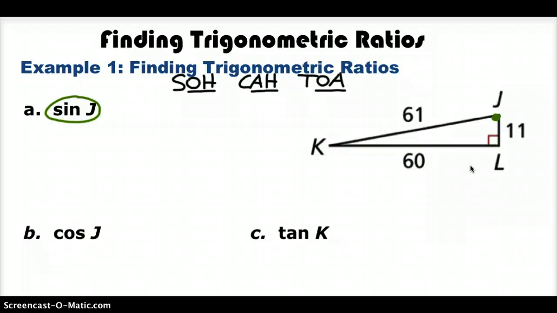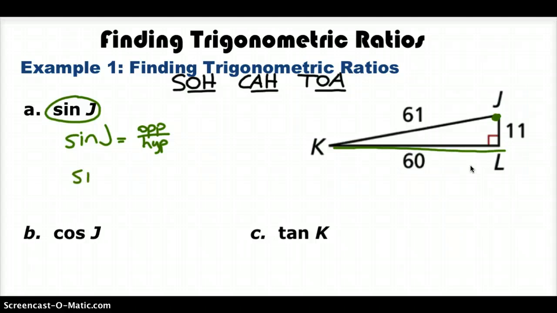So the sine of J is equal to the opposite over the hypotenuse. The opposite side, or the opposite leg, of J is KL, so the sine of J is equal to 60 over the hypotenuse.